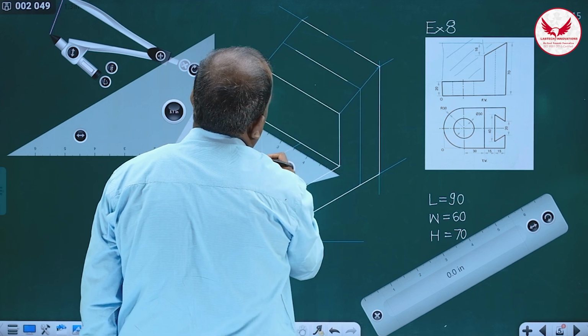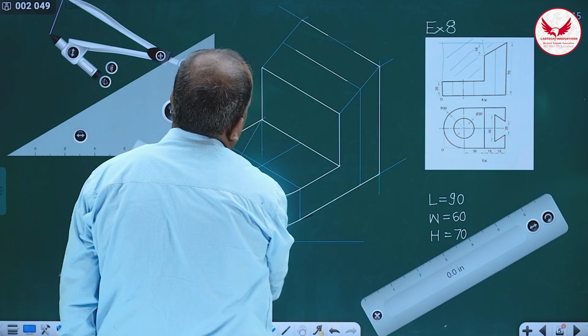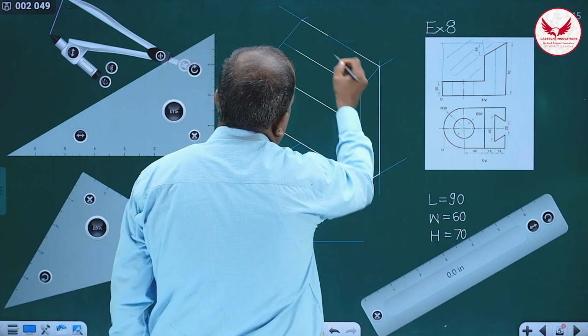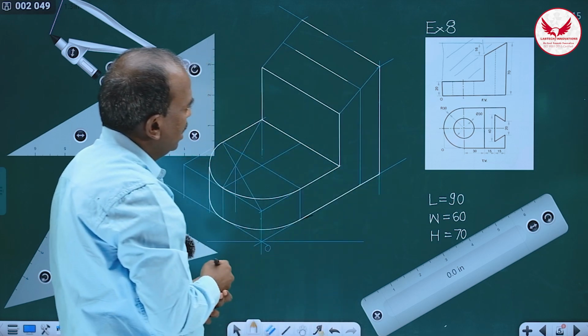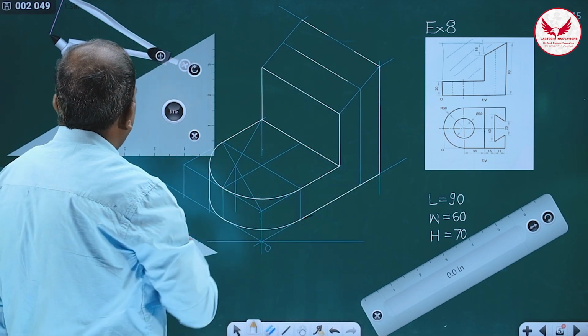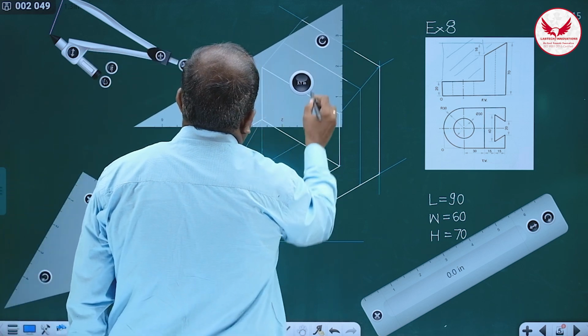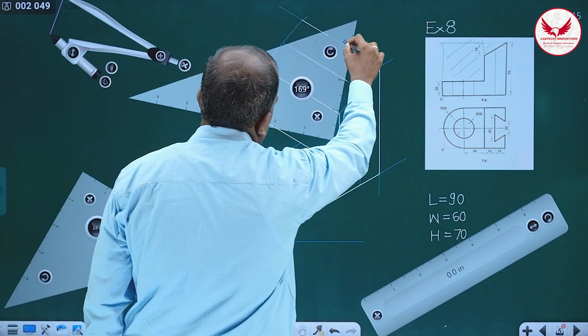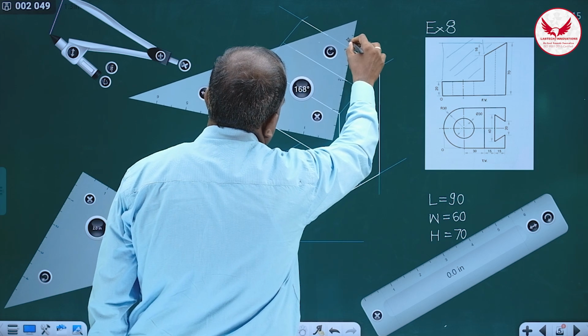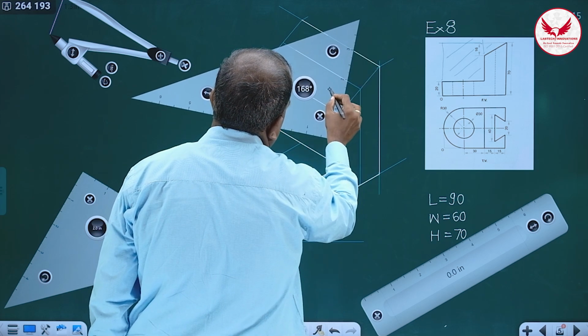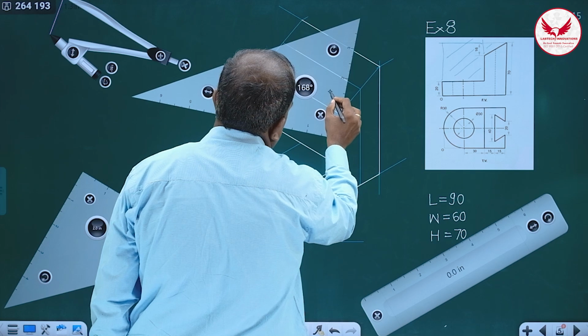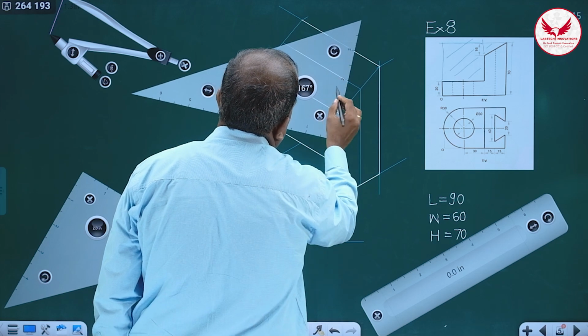So this is going to be 40. And now if we join these 2 points, these are the non-isometric lines. So here we are not going to transfer the length. So simply join these 2 lines like this. Its ends we have to join.